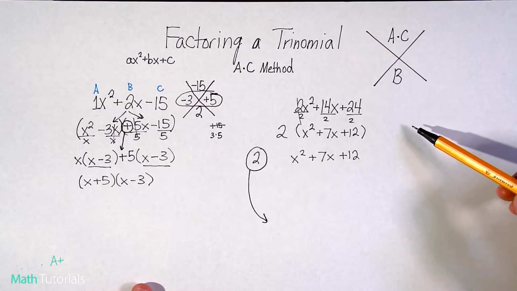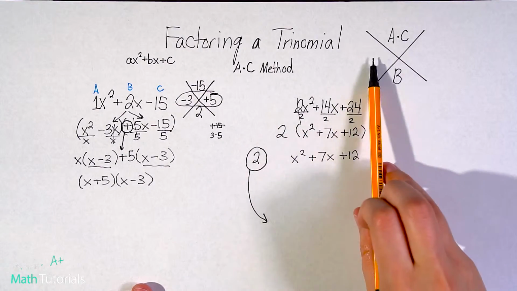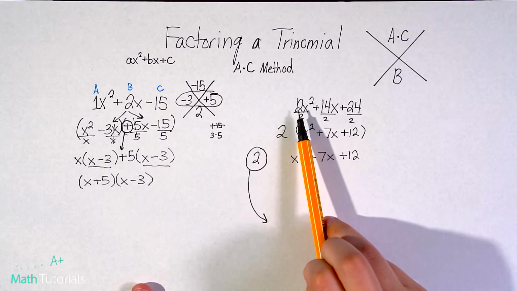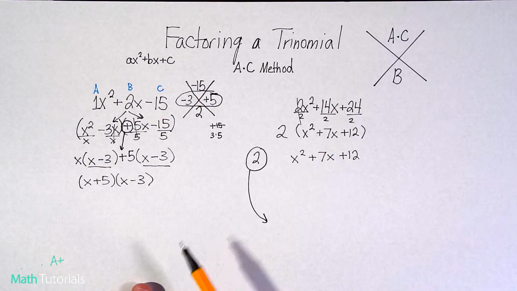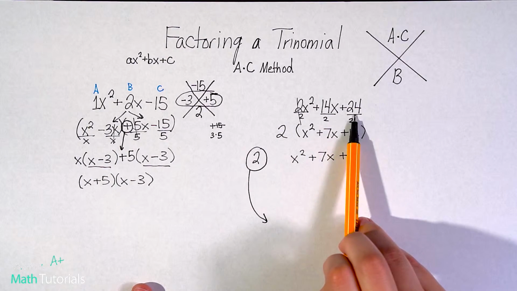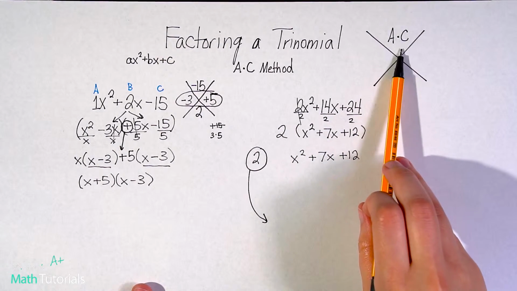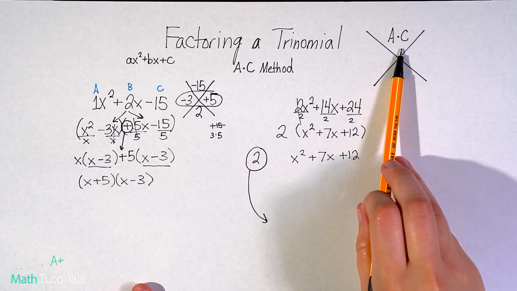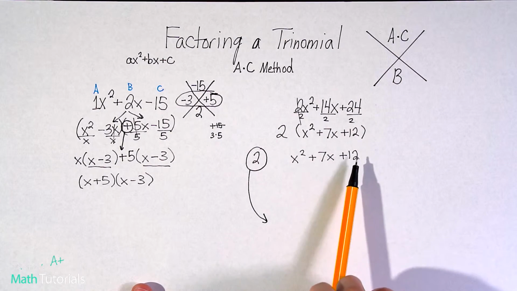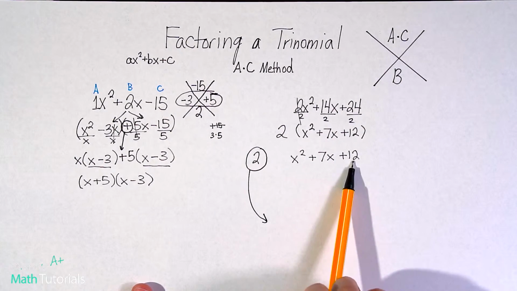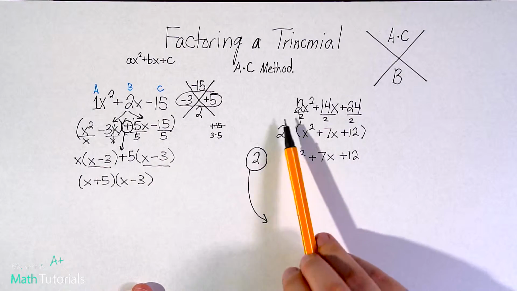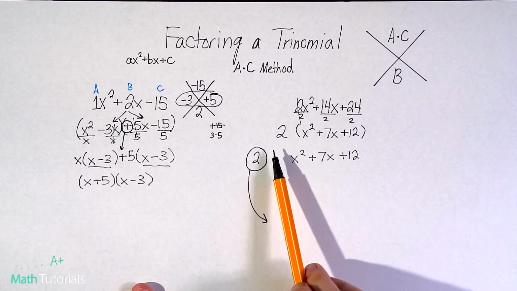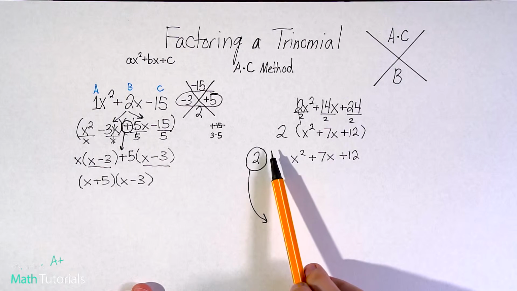It's going to be a lot harder because instead of using your AC method and getting 1 times 12 and 12 being in the top of the box, you're going to have 2 times 24. So your number up here is going to be 48. So it's a whole lot easier to figure out the factors of something low like 12 than something higher like 48. So this saves you time and it makes the problem easier, okay?